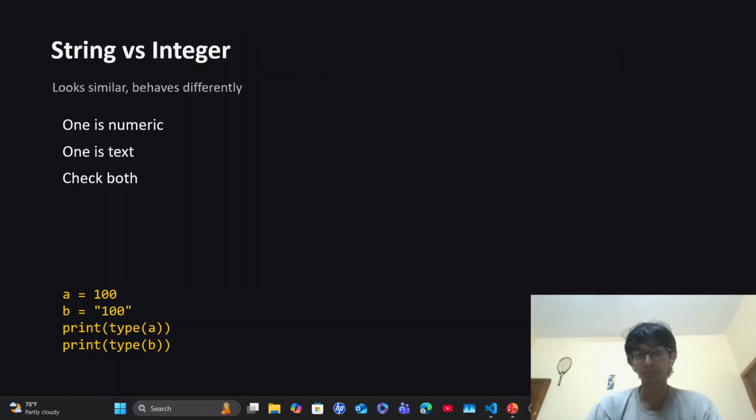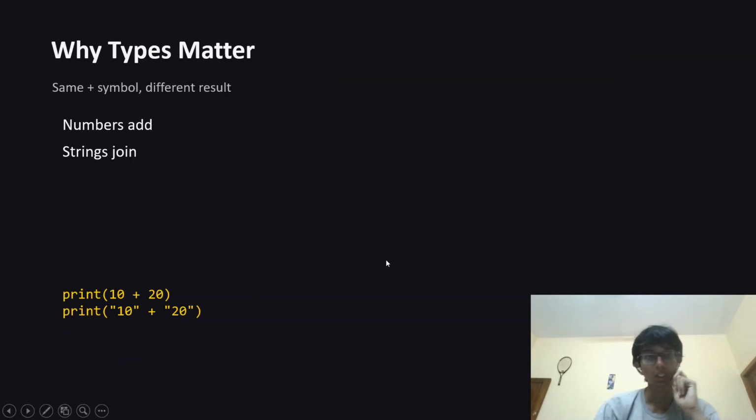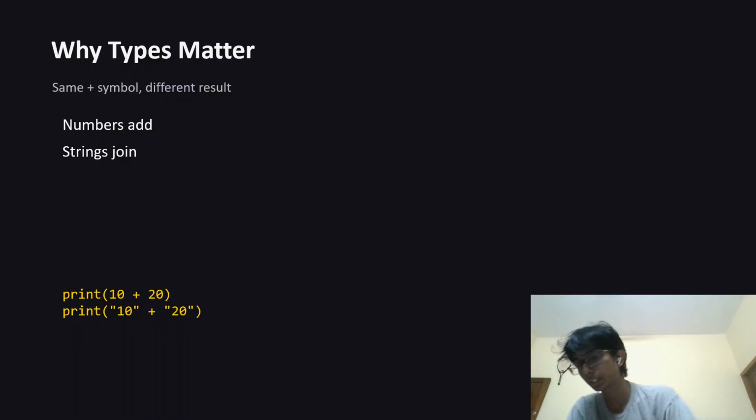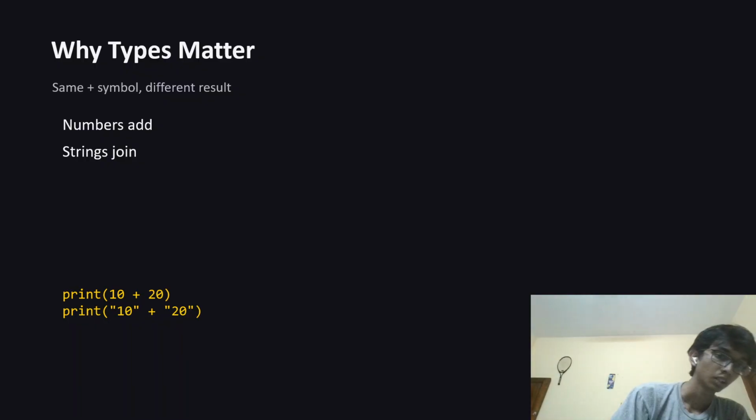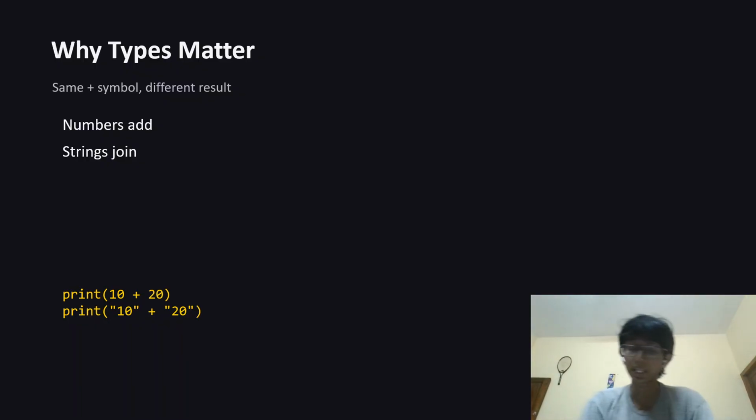So go to why types matter. Just like I explained before, same plus, simple, different results. Numbers can be added. Strings get added in a different way, and types also matter for a different reason: for everything to be easy to judge and use.